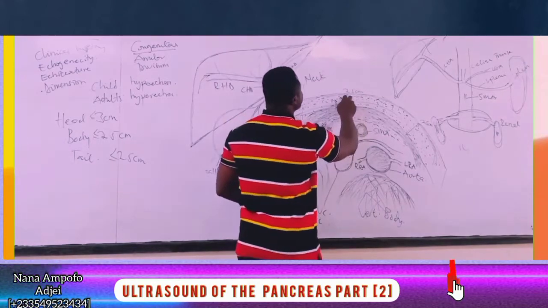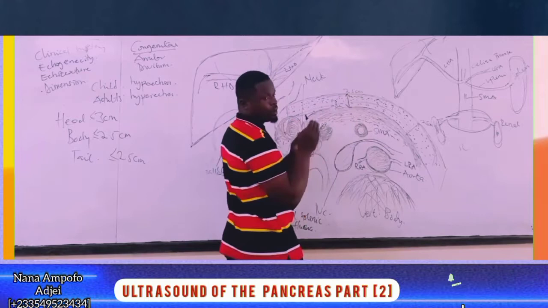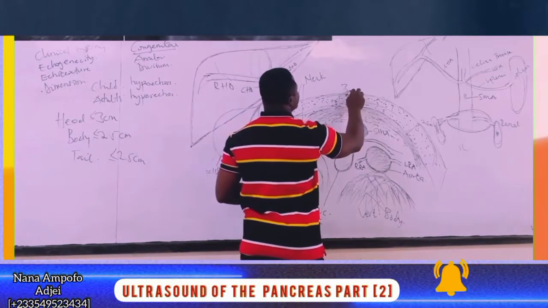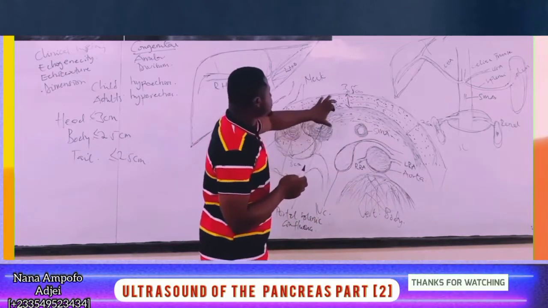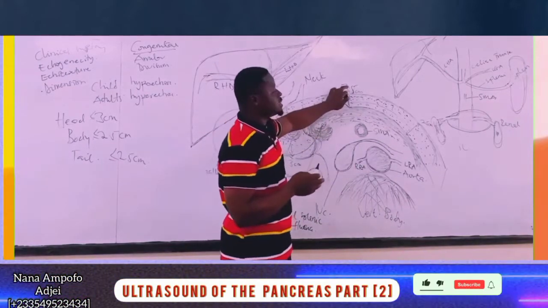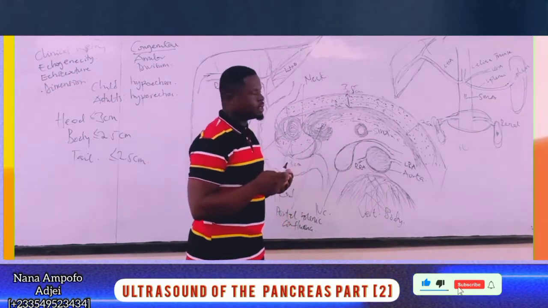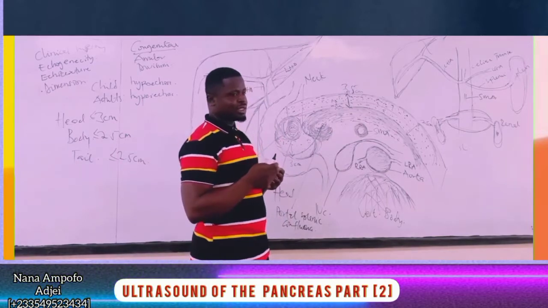So you scan and then you measure anterior posterior, and you get somewhere around 3.5 for the body. Immediately you scan and the pancreas is too prominent, it should tell you that there's something going on within it. Then you check the patient, you do some maneuvers.